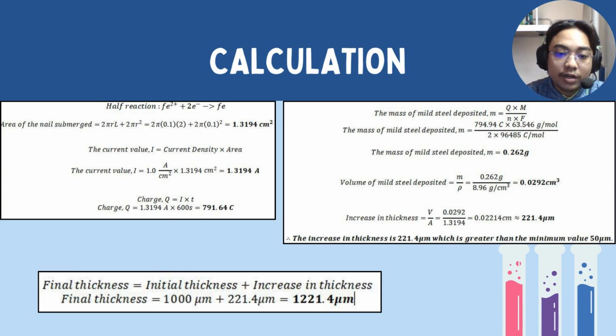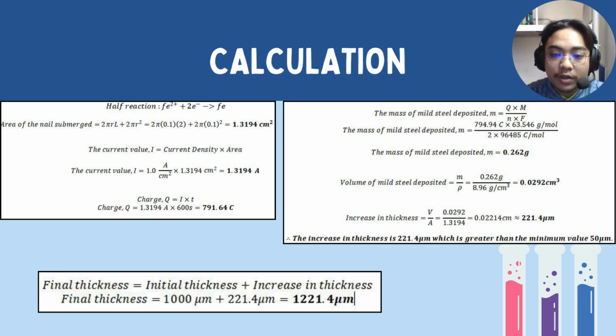Next we calculate the charge Q equal to current I times time. The charge we get is 791.64 C. The next one is the mass of my steel deposit M, and the value that we get is 0.262 gram.